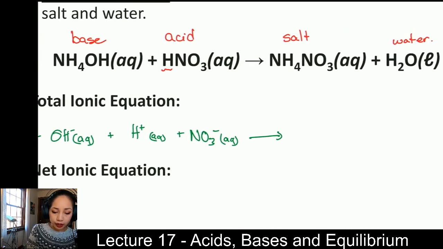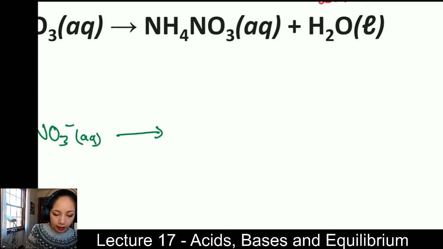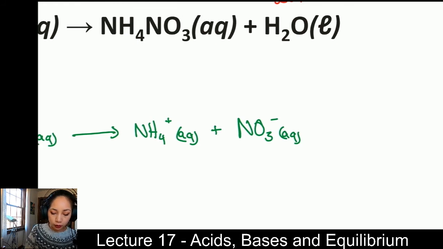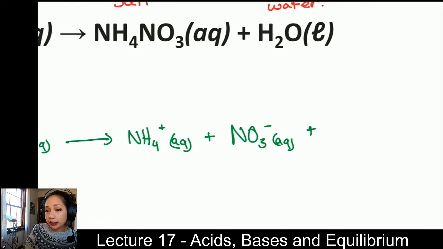So all those are aqueous, so we split those apart. And then we also split apart our salt here because it is also aqueous. If you check the solubility chart, NH4+ aqueous plus nitrate aqueous. Thankfully, there's just one of each. We don't have to worry about coefficients. And then finally, water. Water is a liquid, so it does not split up.